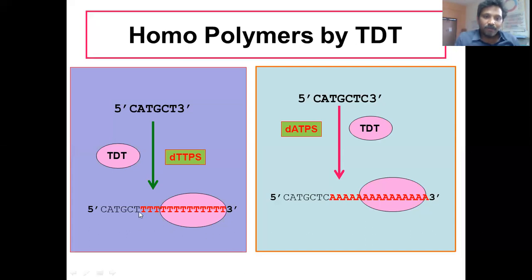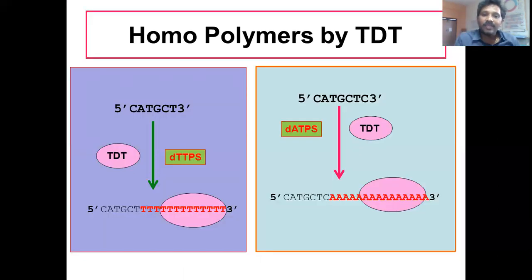For example, if you want a polymer of T at the 3' end, you have to take a primer length of more than 5 nucleotides: 1, 2, 3, 4, 5, 6. Generally, more than 5 is required to get homopolymers.